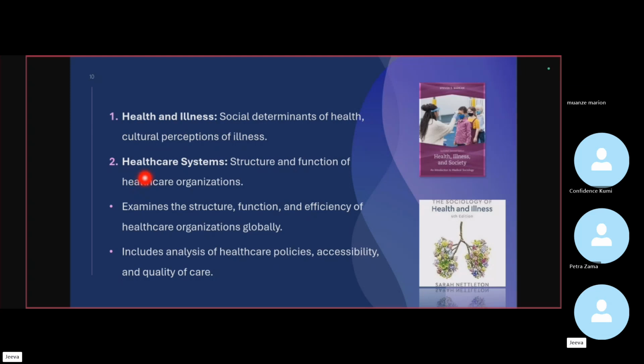Second is the healthcare system. That is how a healthcare system is structured, how it will function, and how it is organized. This is the second key concept.